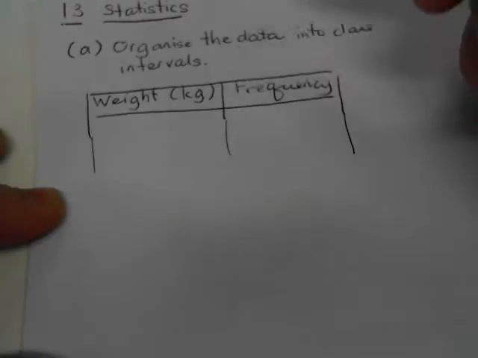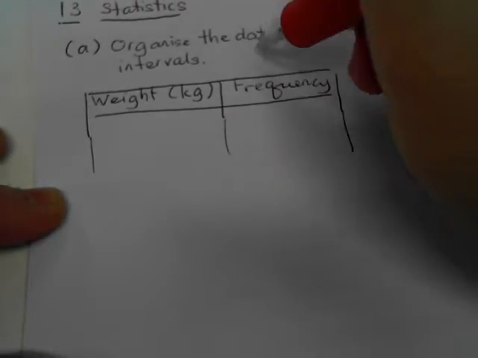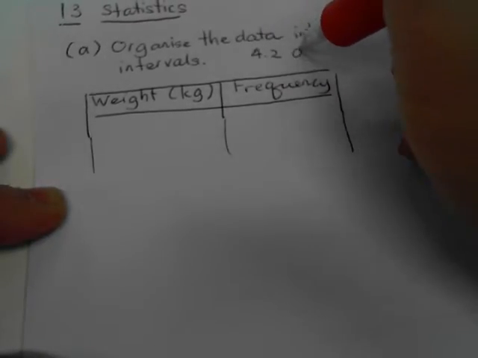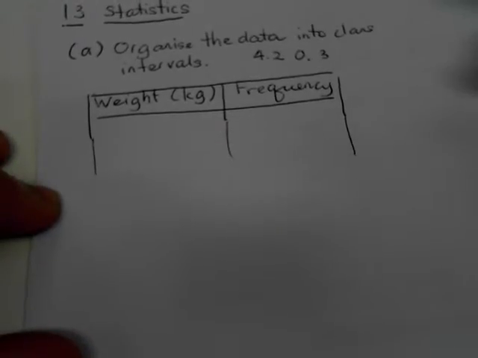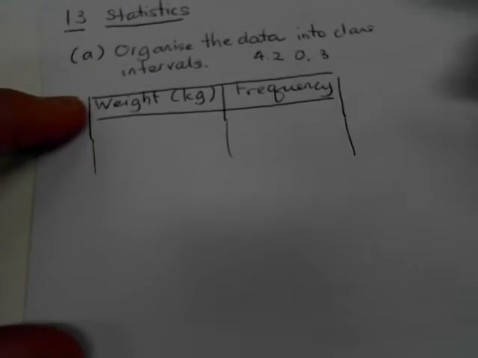Okay, so draw your tables properly. So if we say that 4.2 is the highest and 0.3 is the lowest, what we can do in this case is to categorize the weight into class intervals.